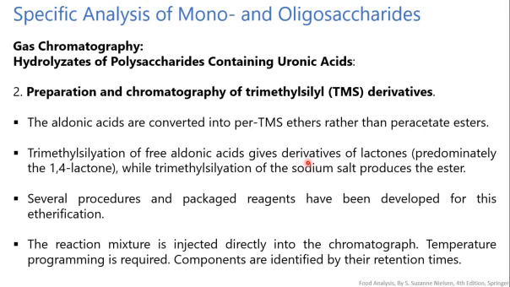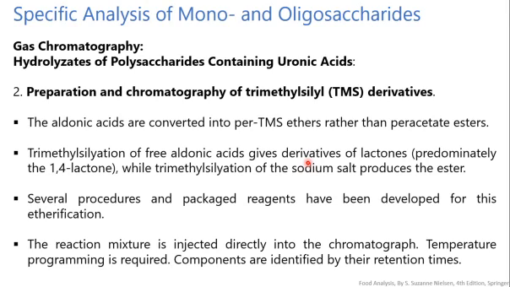Then the next one is the preparation and chromatography of trimethylsilyl derivatives. So how do we analyze that? The aldonic acids are converted into per-trimethylsilyl ethers rather than the per-acetate esters. The trimethylsilylation of free aldonic acid gives derivatives of lactones, mostly the 1,4-lactone, while trimethylsilylation of the sodium salt produces an ester.